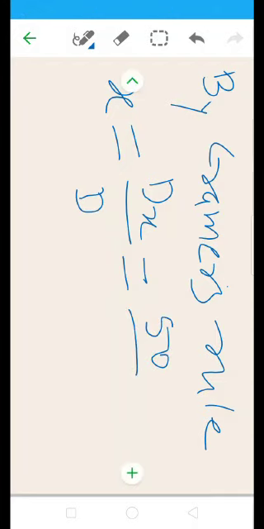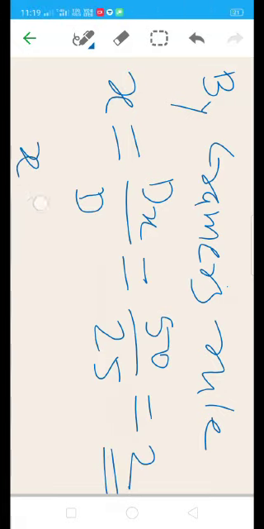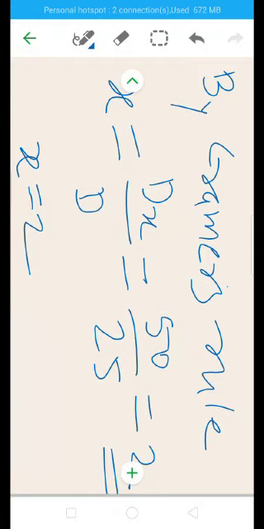And what is the value of D? 25. So if we divide 50 by 25, your answer is 2. The value of x is 2.